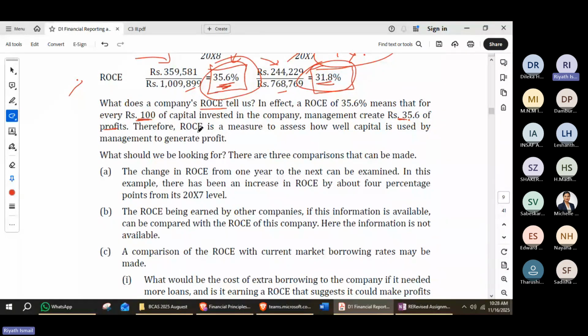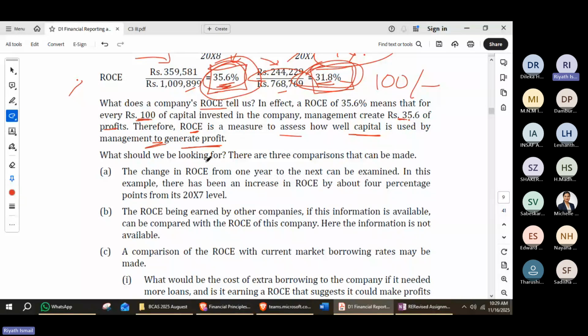Therefore, return on capital employed is the measure to assess how well capital is used by the management to generate profit. If we invest 100, we can get a return of 35.6 in that year. And in the previous year, if we invested 100 rupees, we could get 31.8. So the company performs better than the last year, right?